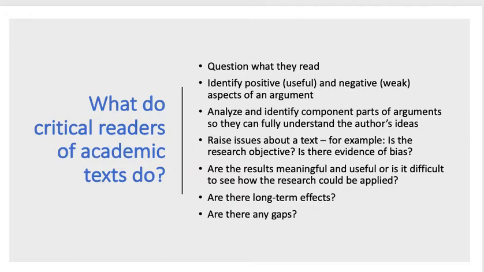Is there evidence of bias? Are the results meaningful and useful, or is it difficult to see how the research could be applied? They ask, are there long-term effects? Are there any gaps? You will be asked to critically read throughout this course and throughout the program. A strong ability to read critically prepares you for academic writing.